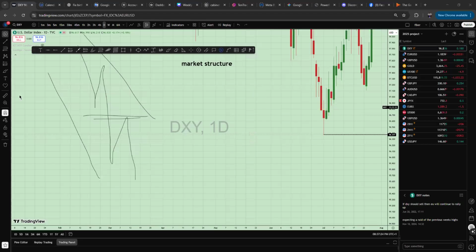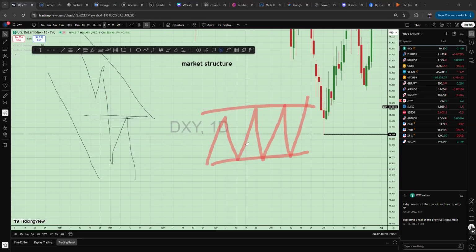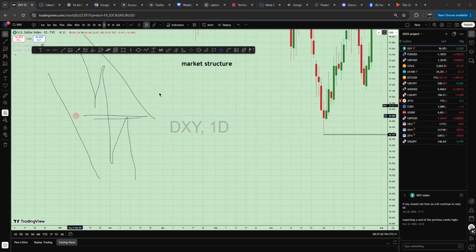And we also know this to be a ranging market, when the market is neither creating higher highs nor higher lows. This is your downtrend and this is your uptrend. So when you open your chart to analyze the market, you will likely see the market either ranging, trending up, or trending down.